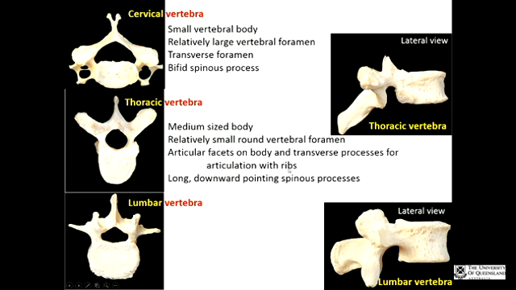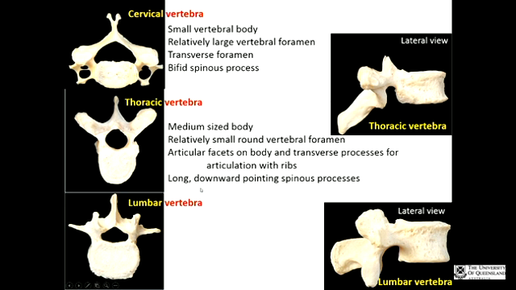The articular facets on the body and transverse processes are present there for articulation with the ribs, and more of that in a moment. So on all of the vertebrae, you will find one or other or both of these features, these articular facets, and the transverse costal facets, excuse me.